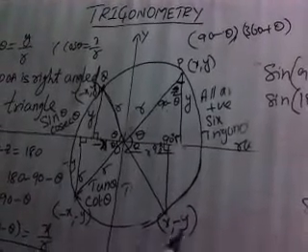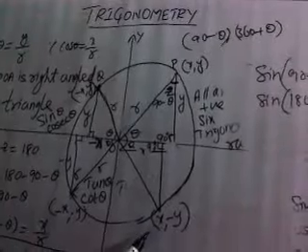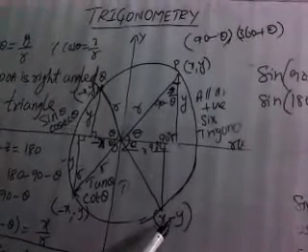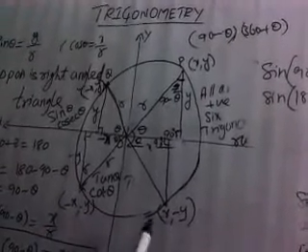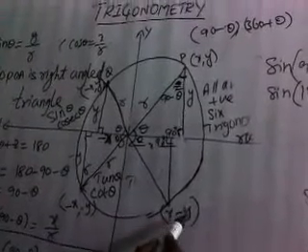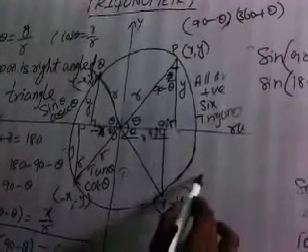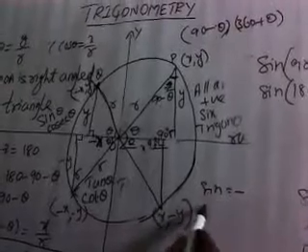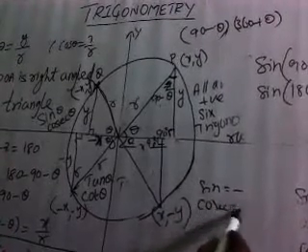Which trigonometry ratio contains x? That is positive. Which contains y? That is negative. Here sin contains y, that's why sin is negative. Sin negative, its reciprocal also negative.